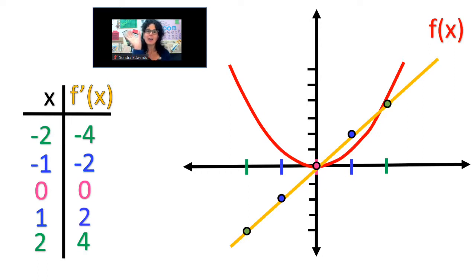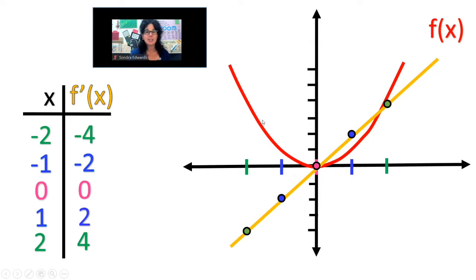Notice we had a parabola that opened up, and we have a line that has a positive slope. Some other things we can notice is looking at this parabola. See how right here we're decreasing until we get right there? Well, for all the x values where we're decreasing, notice the graph of f prime stays below the x-axis.